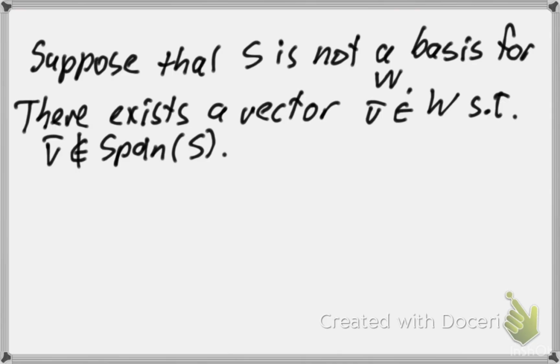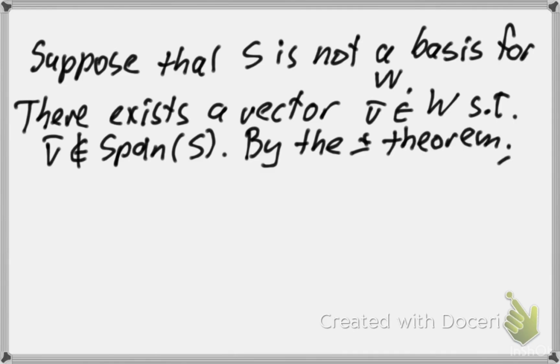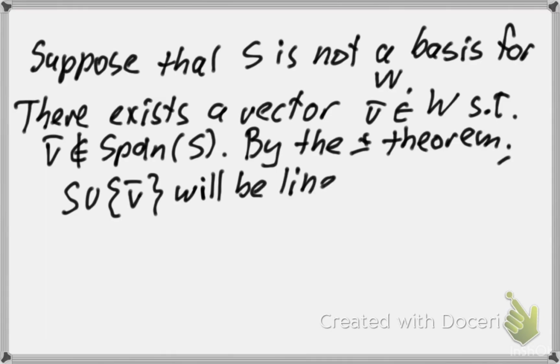It means I can add V into S and the new set will still be linearly independent. So by the plus minus theorem, S union V will be linearly independent.